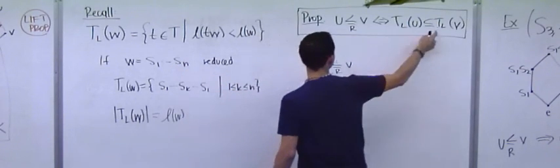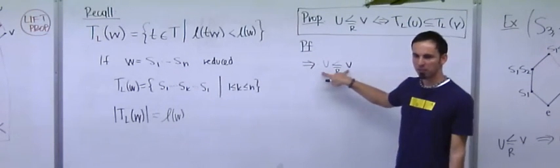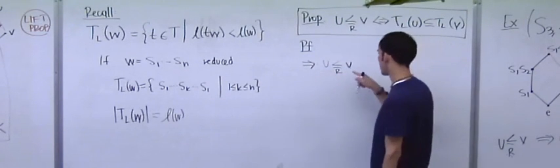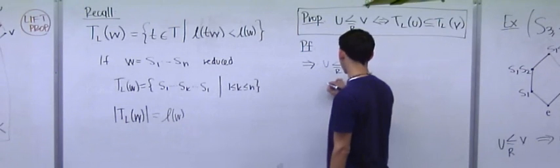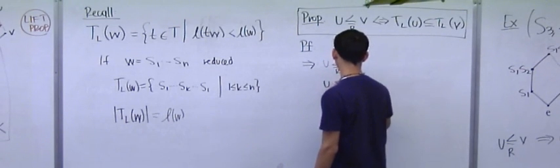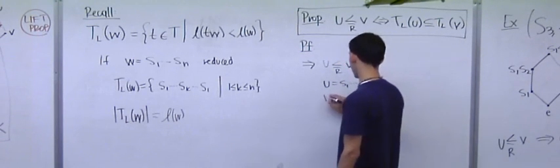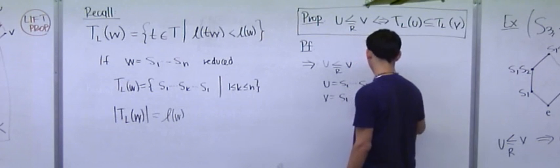So to think about these sets, it's useful to think about reduced words. It means that U is a prefix of V. So I can think of U as something like this, and V as something like this.